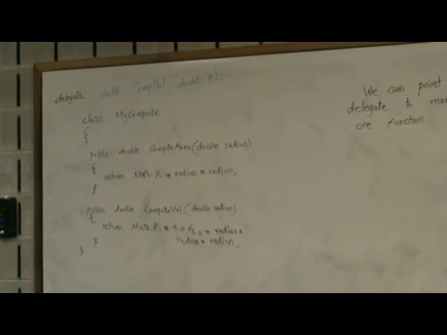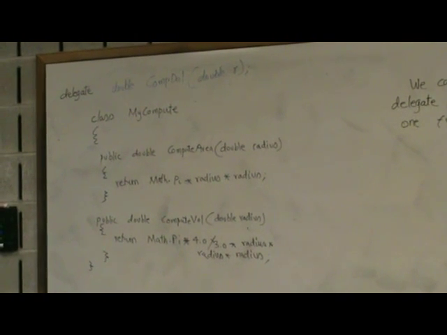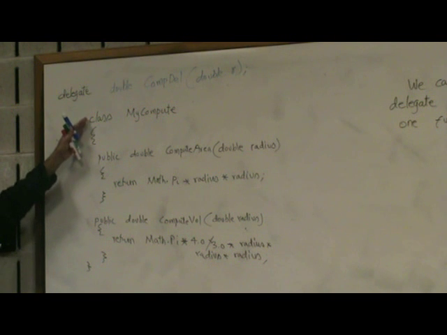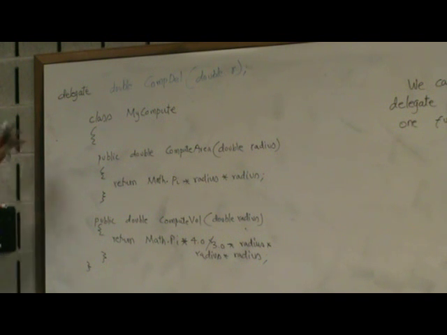And because a delegate is one line of declaration, one line of code, we can put it in the same file where we declared MyCompute above the class, or we can add another new file and simply put one line of code in it.